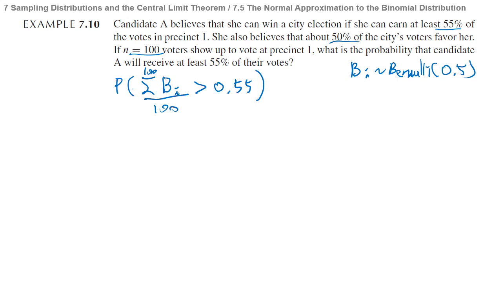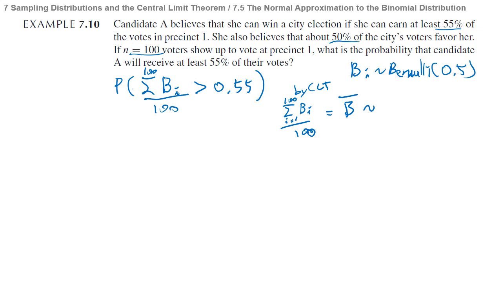The sum of random variables is a sum of Bis, and the mean of the Bis, let's say this is B bar. By CLT, the B bar is actually the sum of Bi, i equals 1 to 100, divided by 100.